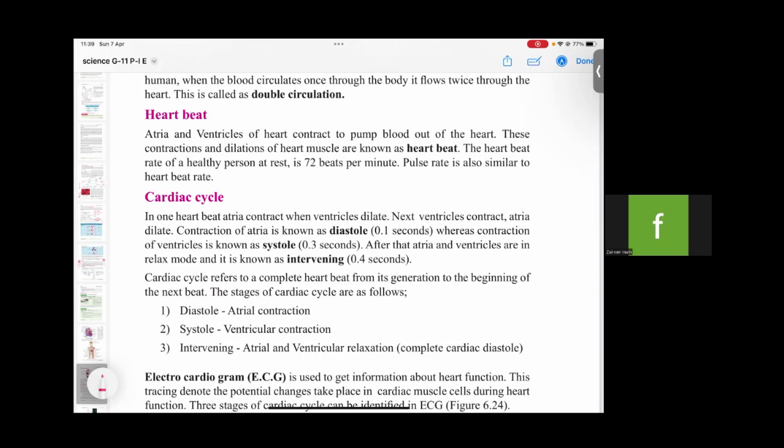It can range from 60 to 100, and 72 is the ideal one, I guess. The pulse rate is similar to the heartbeat rate. At your wrist, on the lateral side of your hand, you can feel your pulse, right?